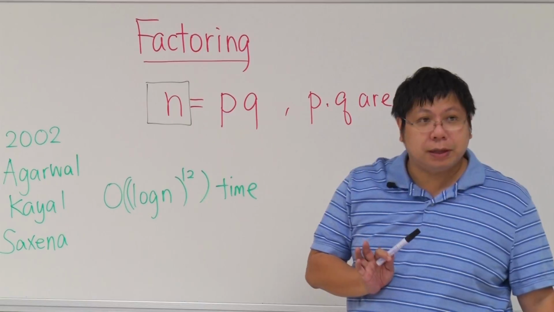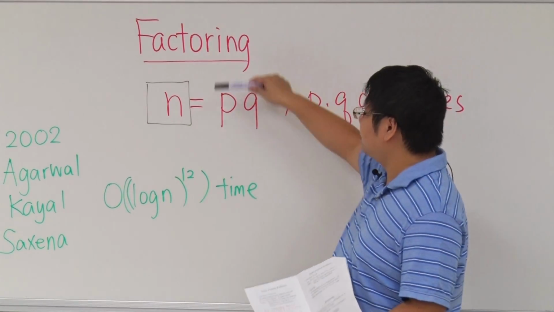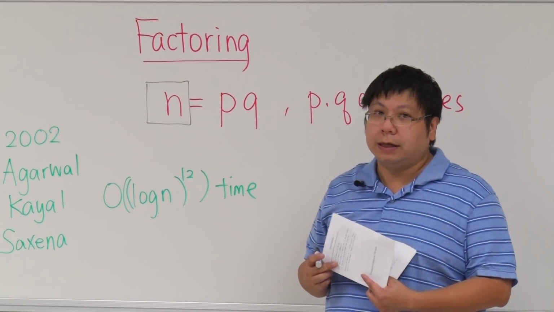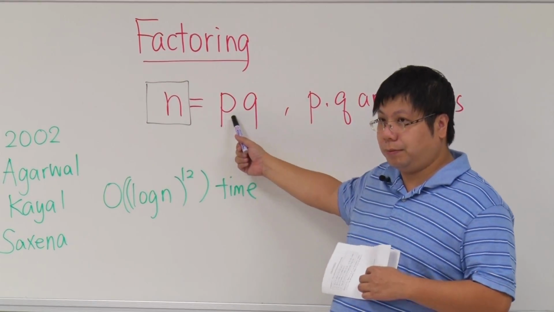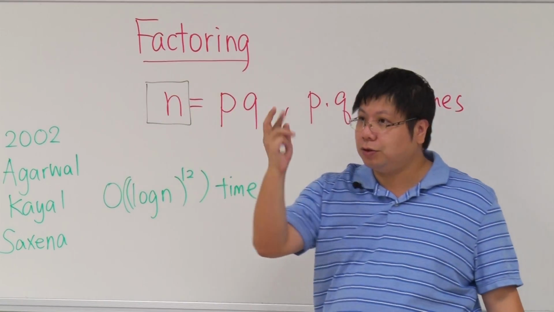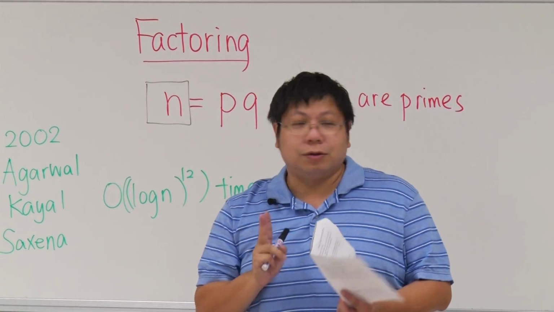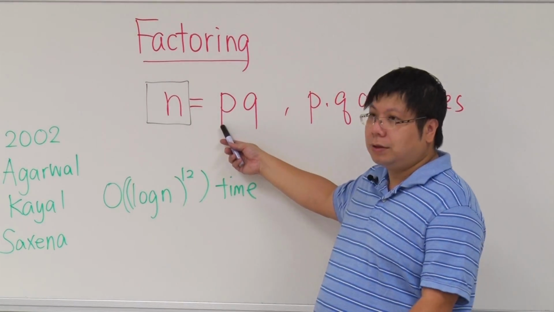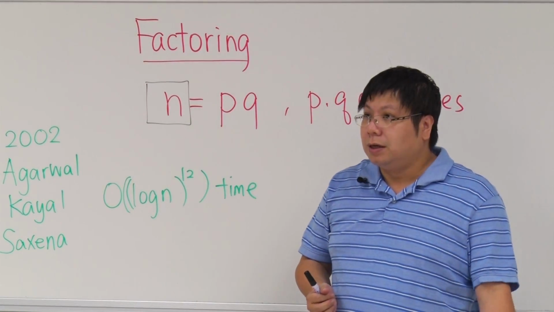So far, nobody knows how to factor a large number n into its prime factorization. Even if we know n has only two prime factors, there is still no efficient way to find out what P and Q are.